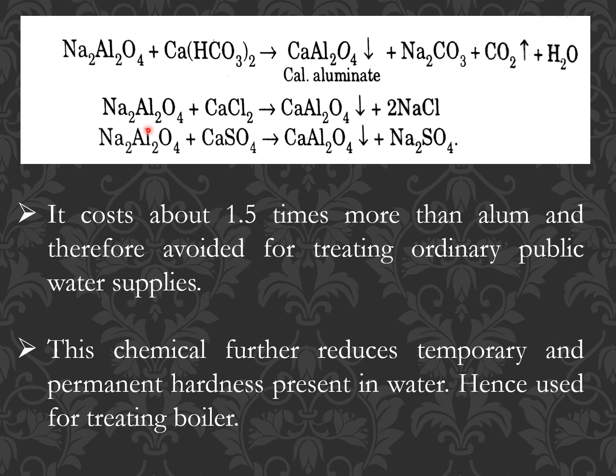So what happens when sodium aluminate plus calcium bicarbonate converts to calcium aluminate? Calcium aluminate is a precipitate in the water.